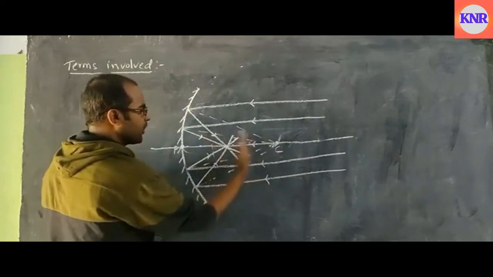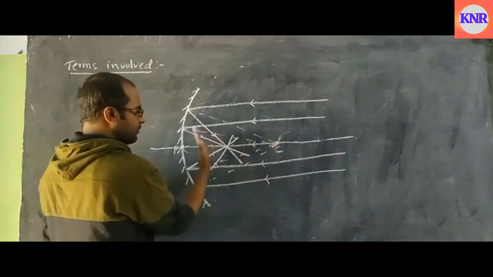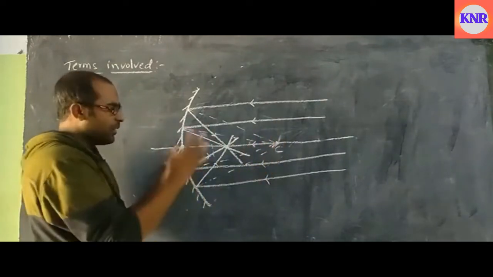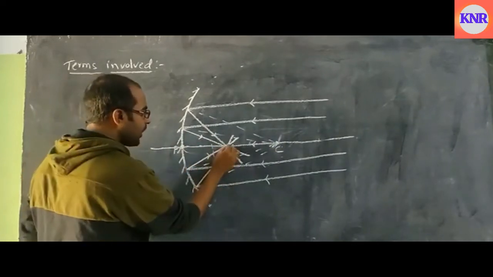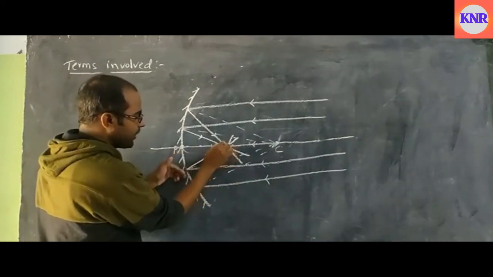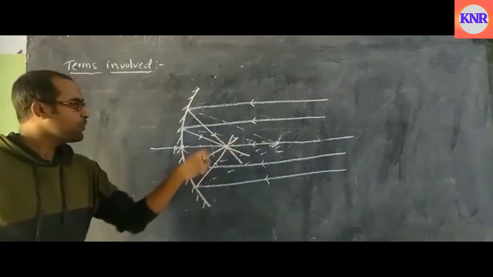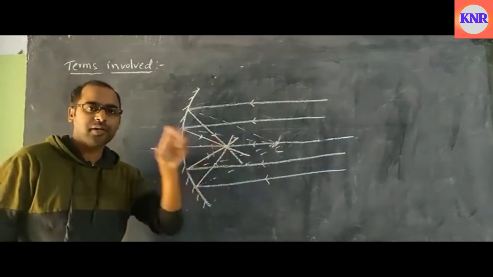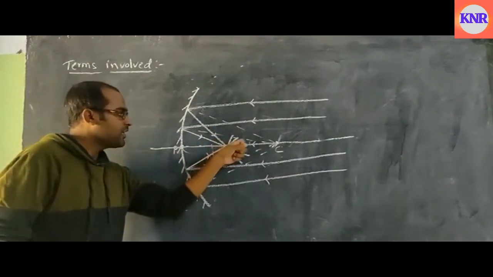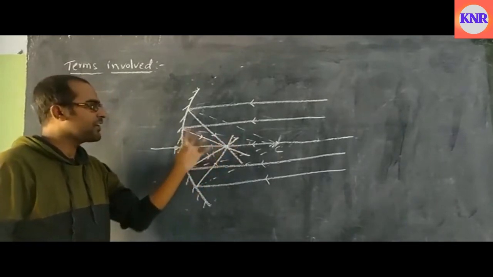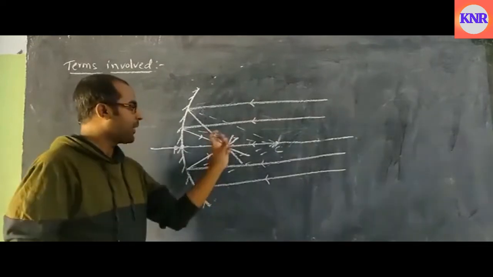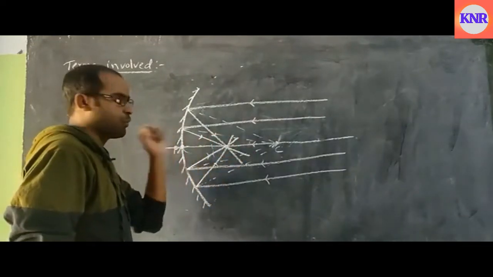When you move the screen away from or nearer to the mirror, the image will be blurred, because all the rays are converging at this particular point. That is why the bright image will be formed at this particular point. Here and here all the rays are not converging perfectly, so we cannot see the bright image at these points.